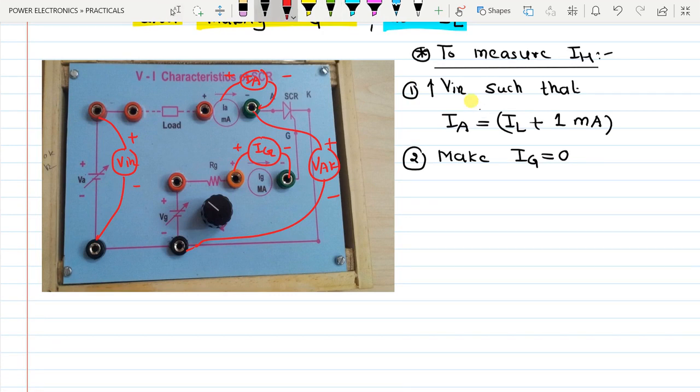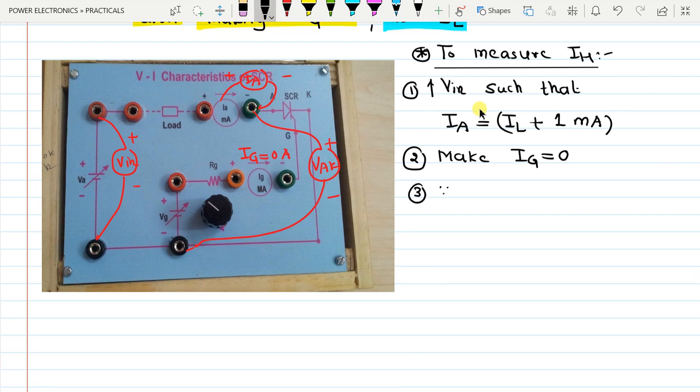Second thing is that you have to make Ig equal to 0. Right? So we can say that here there is no ammeter connected, so I can say here Ig equal to 0 amperes. Now what is the status? The status is that SCR is already in the latch condition.